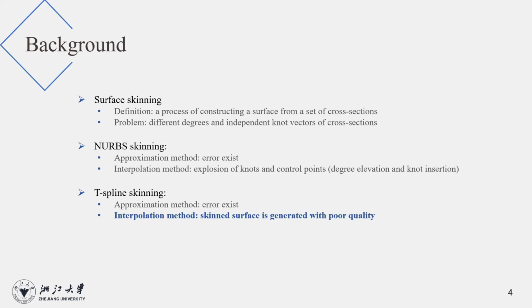Due to the incompatible nodes, a problem of control points explosion is caused. To solve the node incompatibility, interpolation T-spline scaling methods are presented. However, the current interpolation T-spline scaling methods cannot guarantee the quality of the skinned surface. There will be some wiggles and creases appearing on the skinned surface.